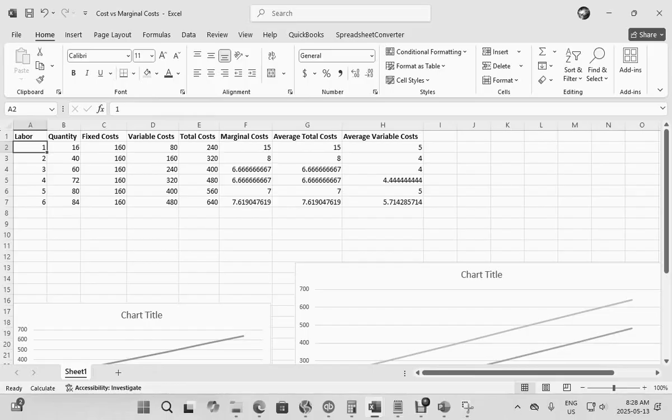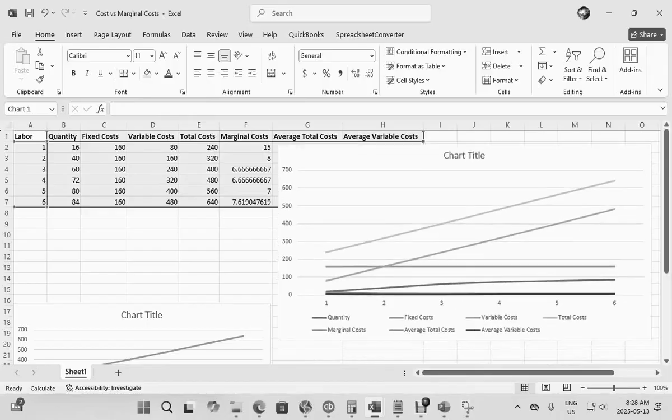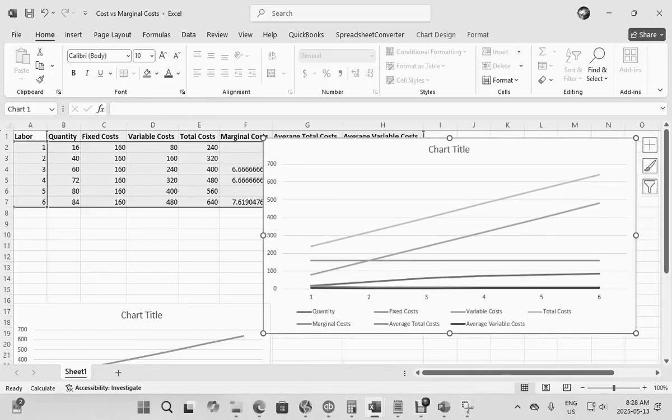So if you look at this chart over here, at all the graphs, you may notice that the fixed cost, this orange curve, is just underneath your variable cost.